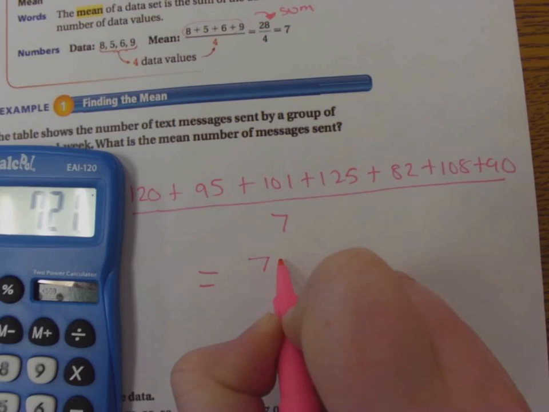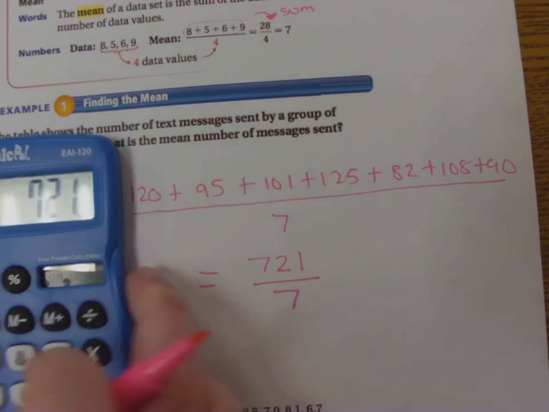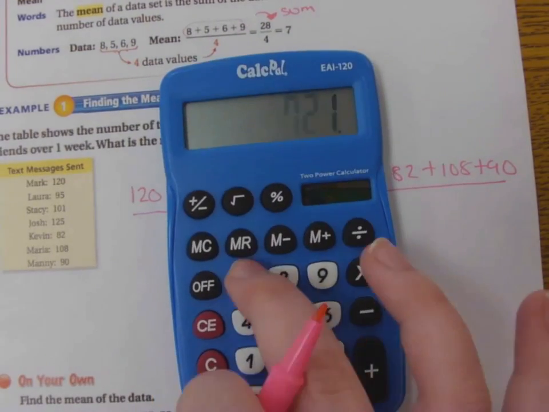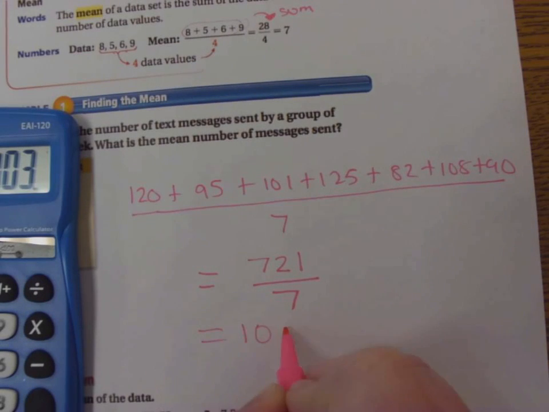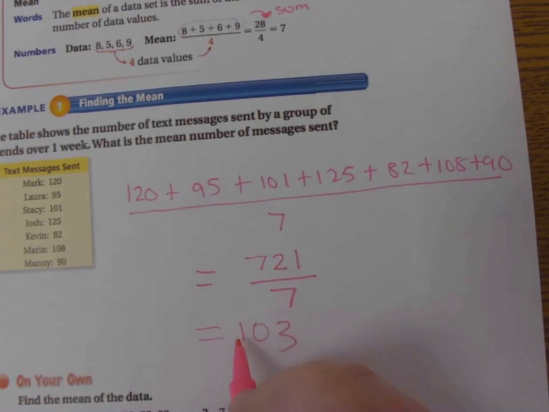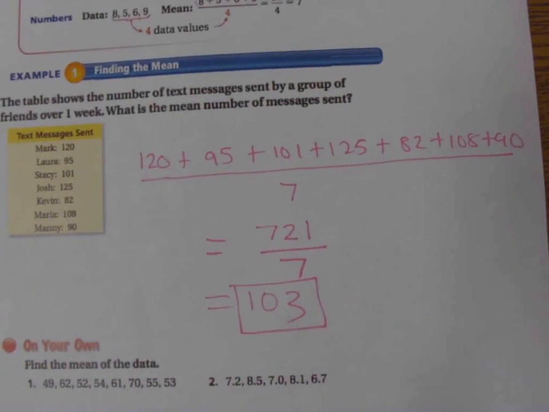So the sum of all 7 of those values is 721. I'm still going to divide by 7, so the mean for this data set is 103. The average number of text messages sent by this group was 103.